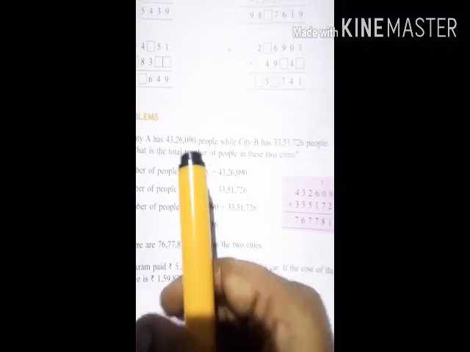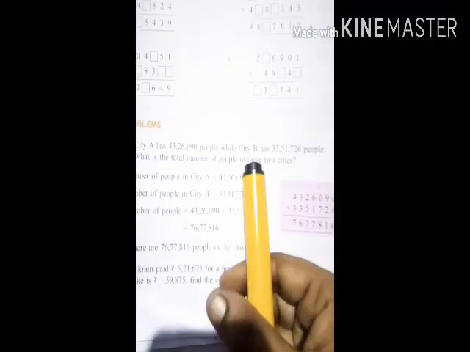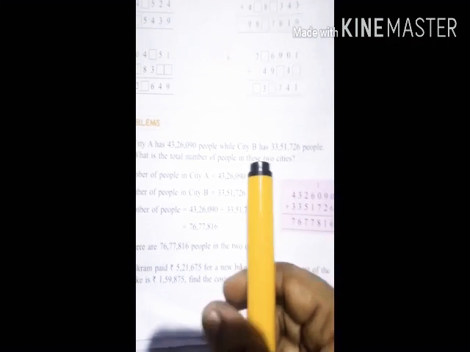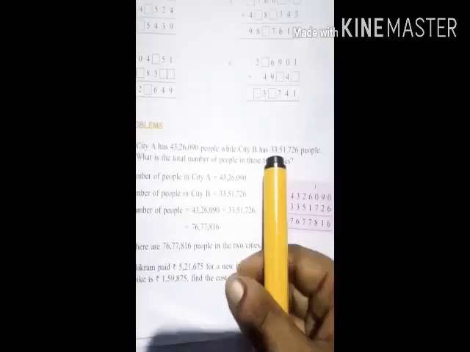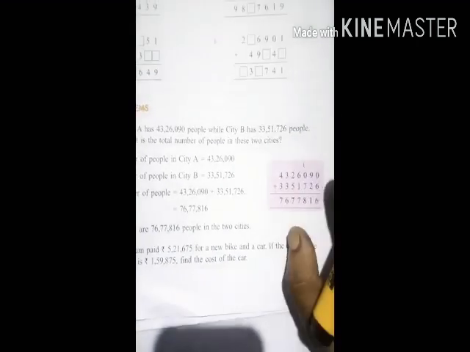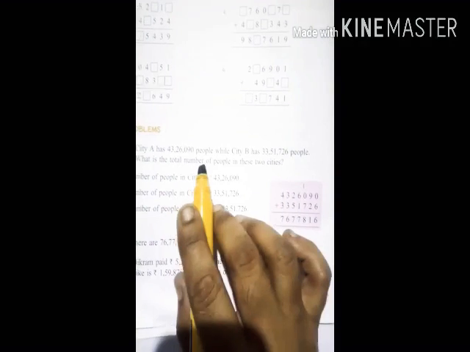Whenever it is asking total number of whatever it is asking, you have to do the addition. There is always confusion in doing a word problem, whether to do an addition or a subtraction. So when it is asking total number, you have to add. So let us see how we do.